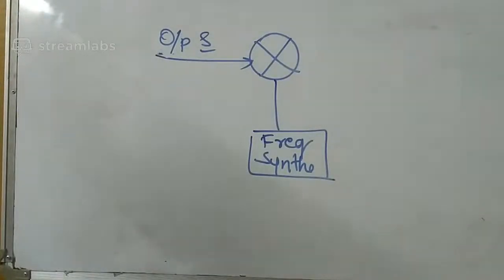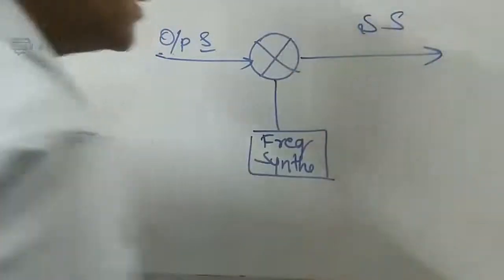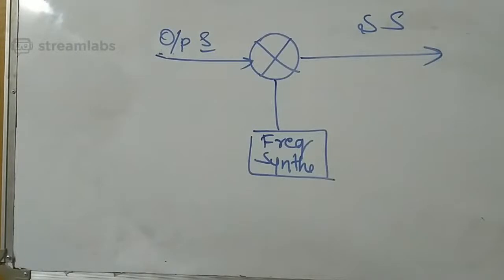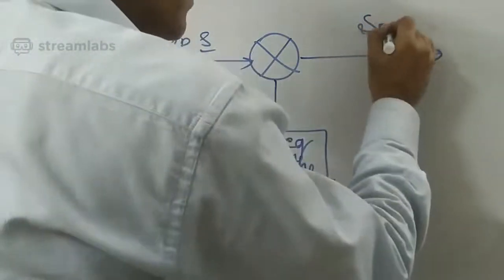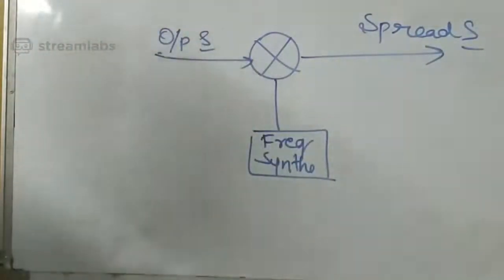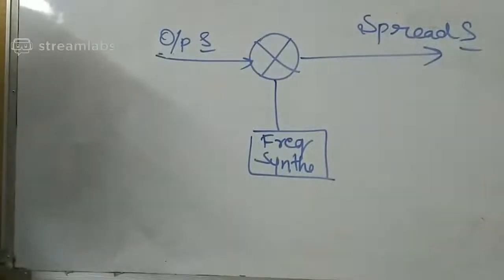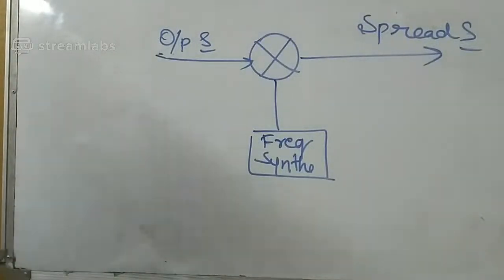Next is the output. What you are going to get is the spread signal. It will be your spread signal. So these are the arrangements that we use in the spreading technique.